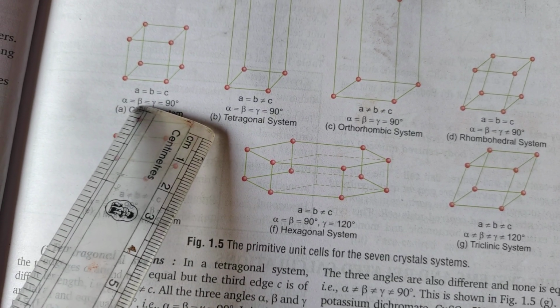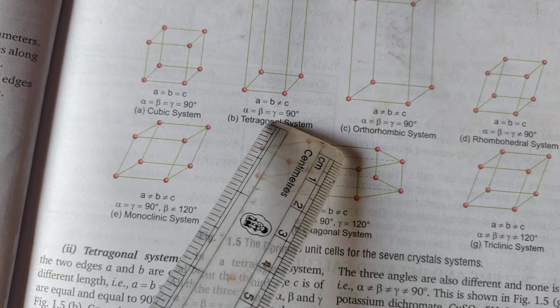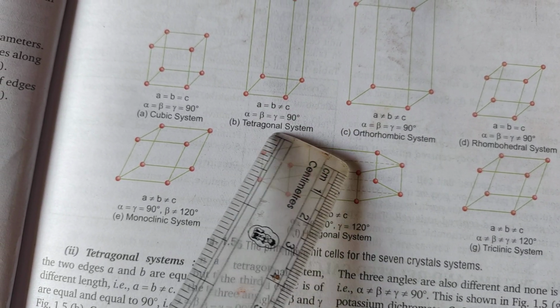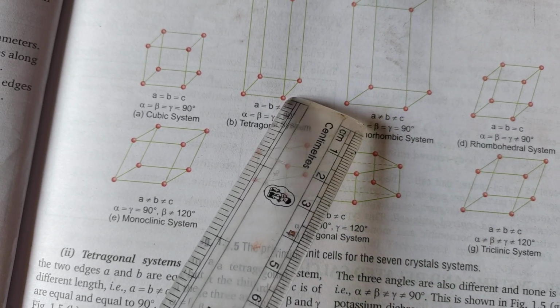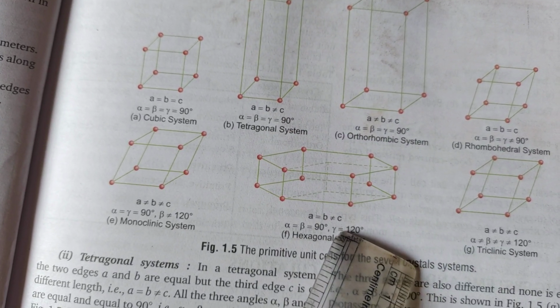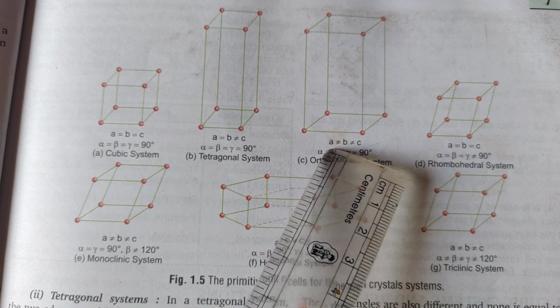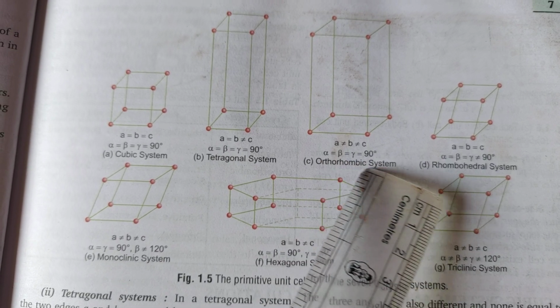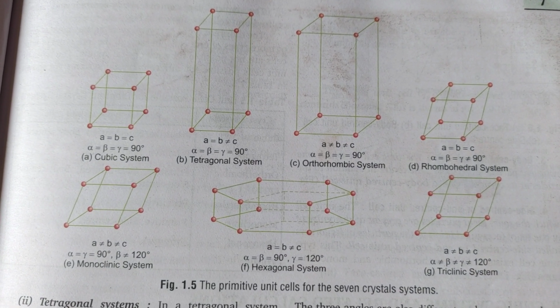Even the angles are the same, 90 degrees. Similarly, in case of tetragonal, a and b, length and breadth, are similar, but the height is different. Orthorhombic, you can see the same thing: none of the sides are similar, but all the angles are 90 degrees. Similarly, all the features can be read in this case.